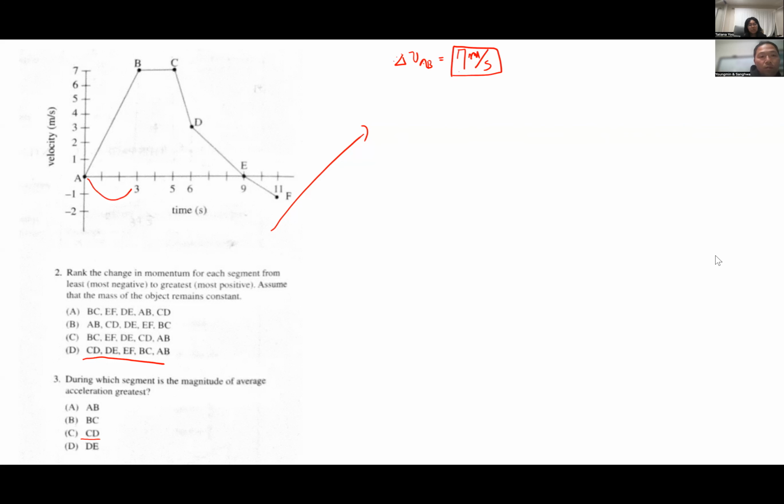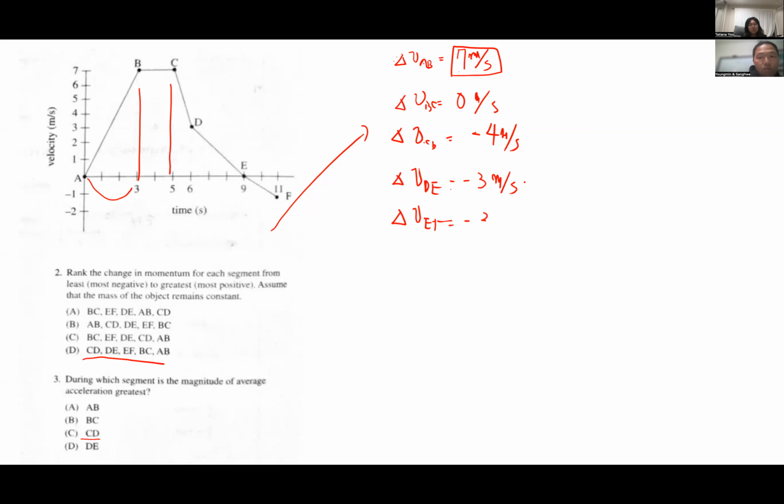And then BC is 0 meters per second, and the velocity change in CD is minus 4 meters per second. DE is reduced to 0 from 3, so that should be minus 3 meters per second. And the variation of velocity in EF is minus 2 meters per second.